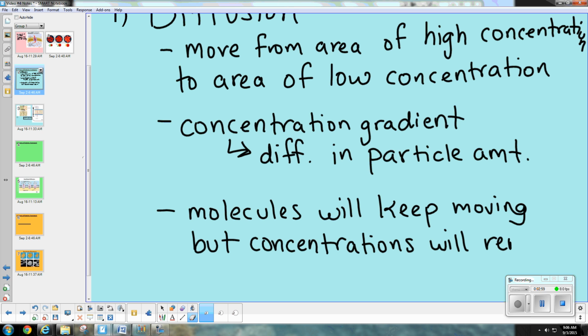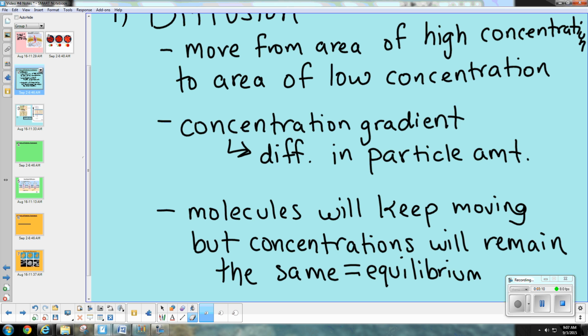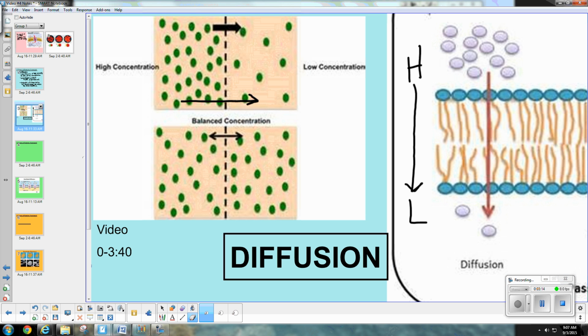And this is what we call equilibrium. Usually when people think of equilibrium, it means, okay, we've gotten 5 and 5 on each side and that's it. But that's not it. It's a constant movement, constant collisions going into each other, but it's a balanced concentration on both sides.